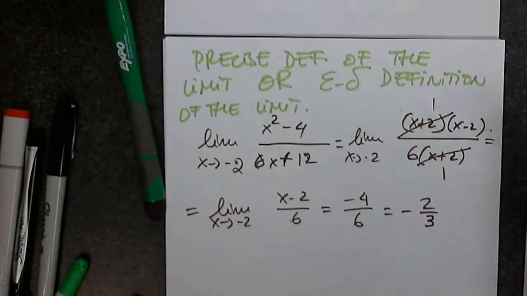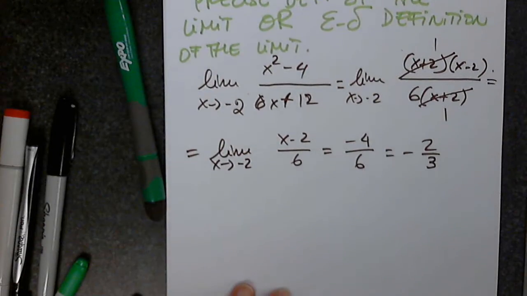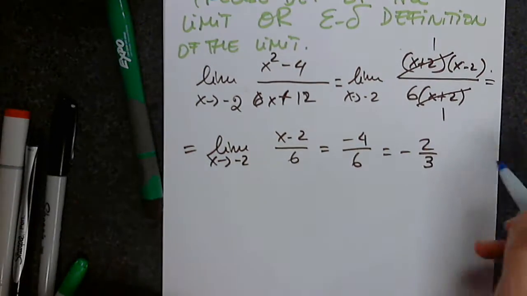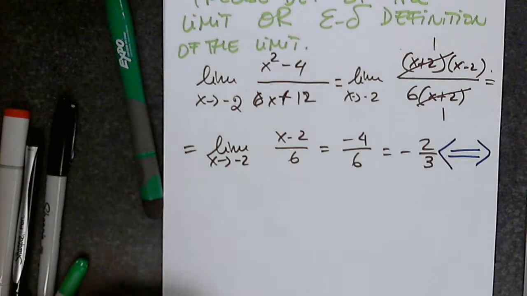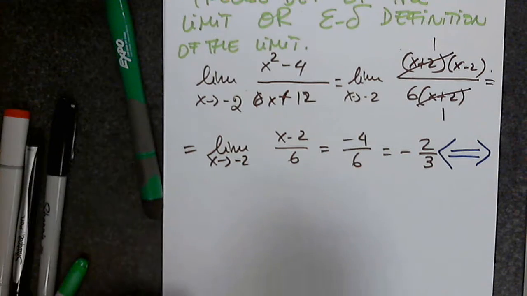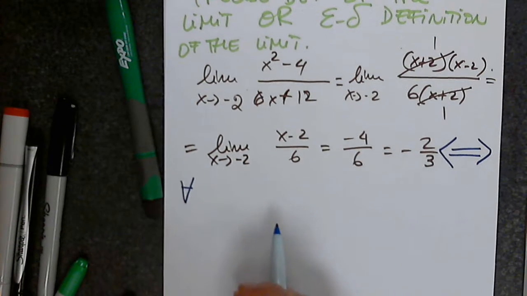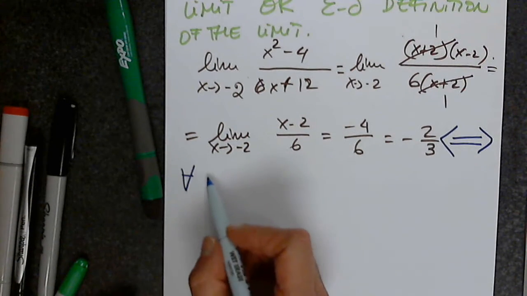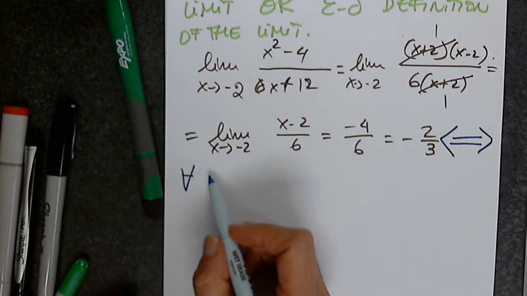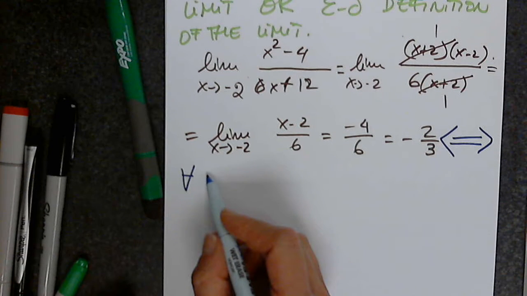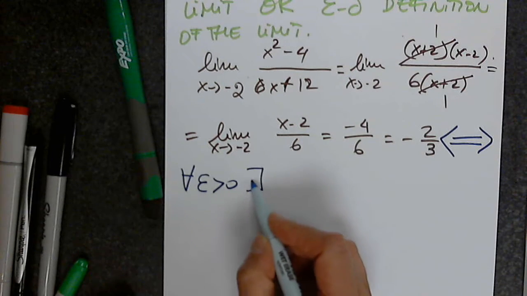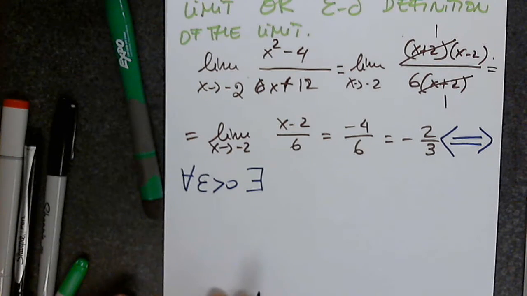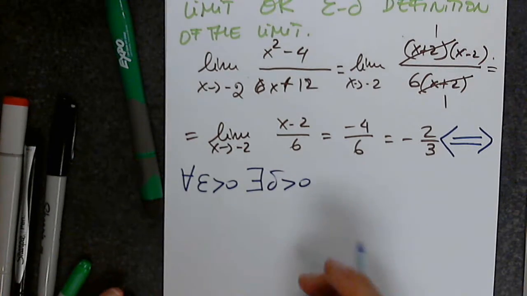And if we are asked to use the Epsilon-Delta definition, let's do it. Double equivalency. And please dictate. For every epsilon greater than 0, there exists delta greater than 0.